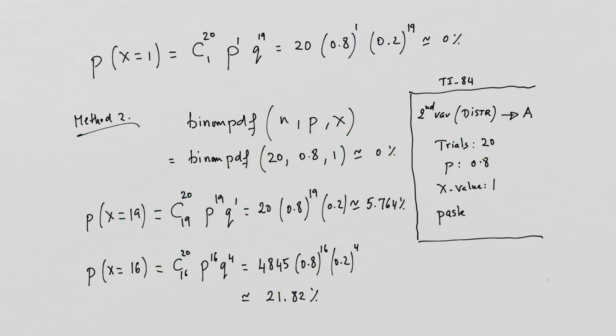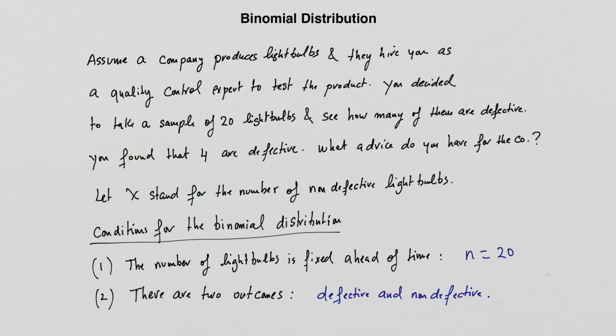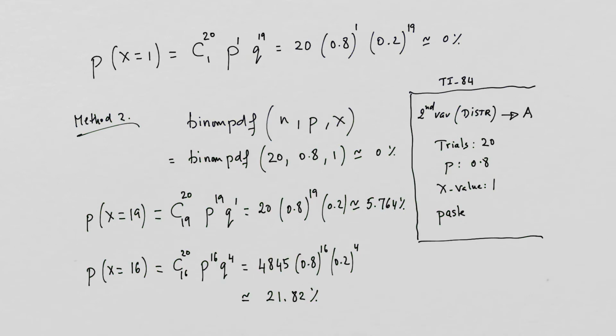So x equals 1 means 1 is non-defective, isn't that what I said? 1 is non-defective, and 19 of them are bad. Makes sense?